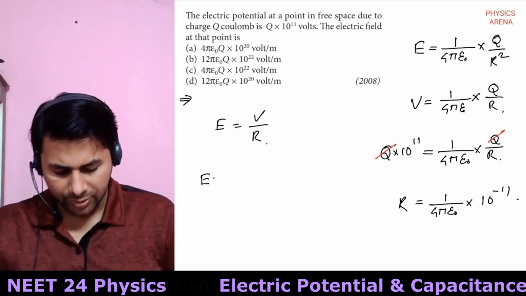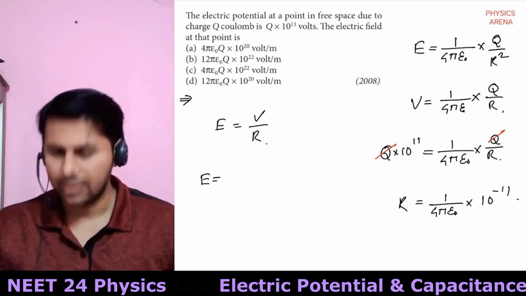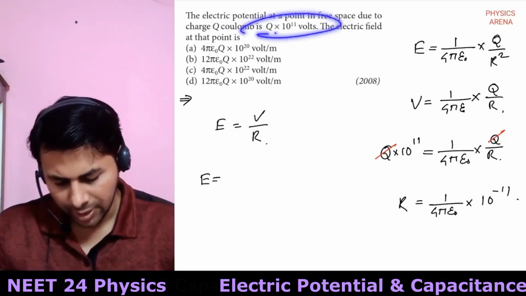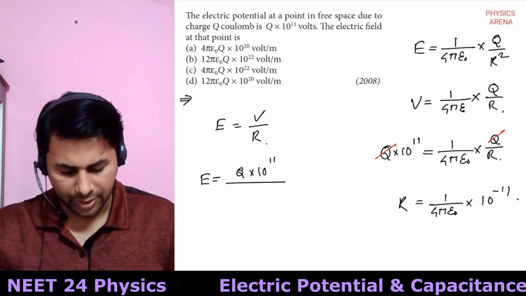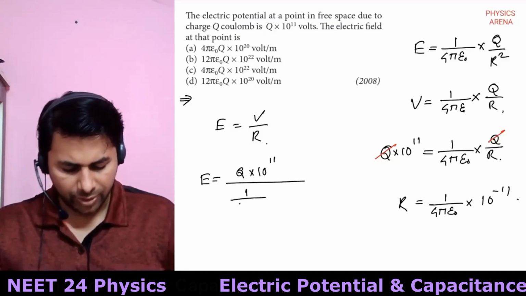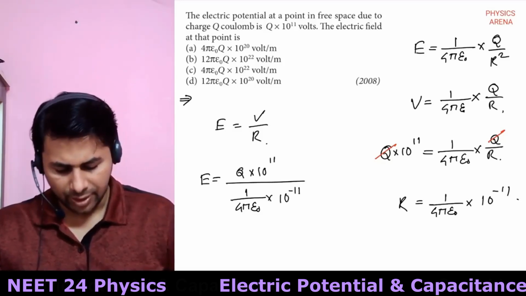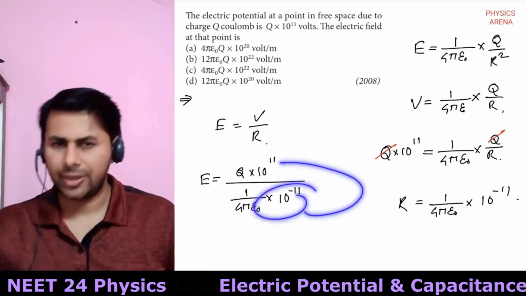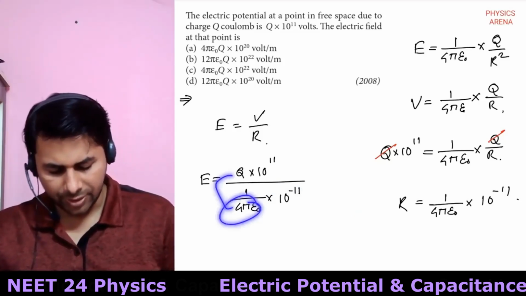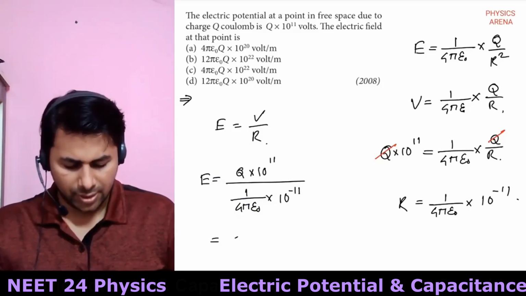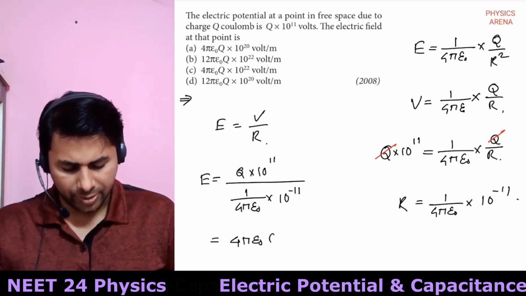So E is equal to V upon R. The value of V is known, Q into 10 raised to 11. And how much is R? 1 upon 4 pi epsilon naught multiplied by 10 raised to minus 11. Take minus 11 to the numerator, it becomes plus 11, so that's 22. 4 pi epsilon naught goes to the numerator, so it is 4 pi epsilon naught Q multiplied by 10 raised to 22.